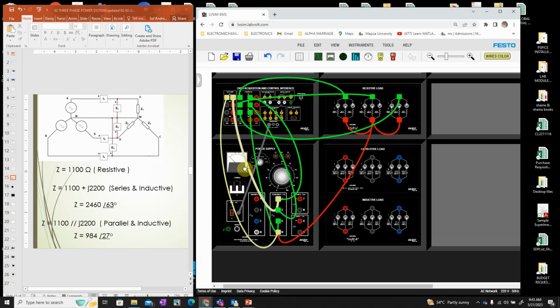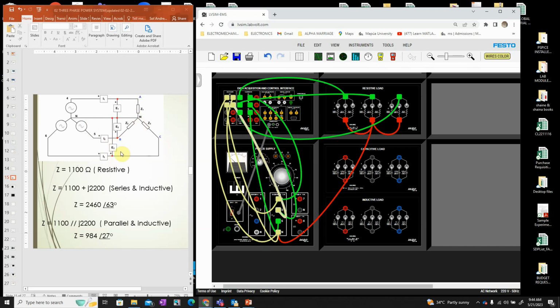Now, next is we will measure what? We will measure E2 from B to N. So from B to N, or from 5 to N, right? So from here, I am going to use E2 to measure the voltage from 5. And from here, another point, the negative of E2 to N. Now, let us measure E3.